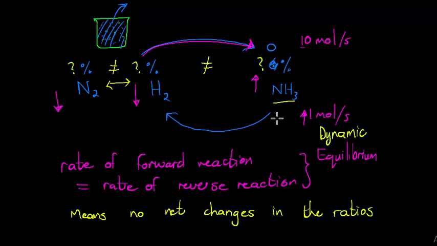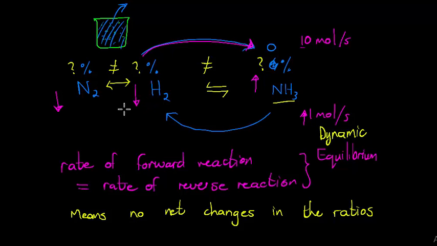Now what we are going to look at in future videos is how can we increase these percentages. For example, the Haber process is the process of producing ammonia for various applications. Ammonia is a very practical product, but the problem is it decomposes.